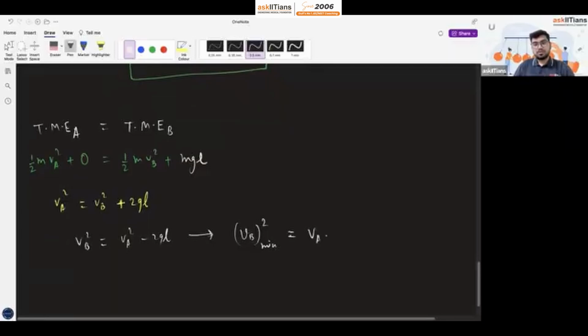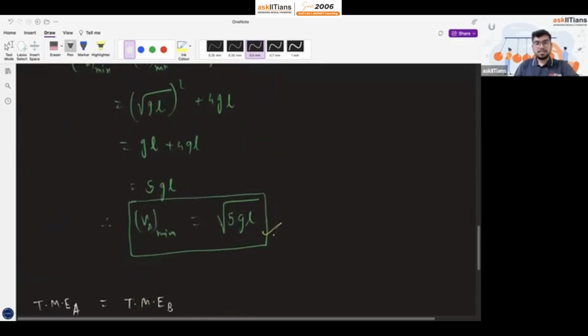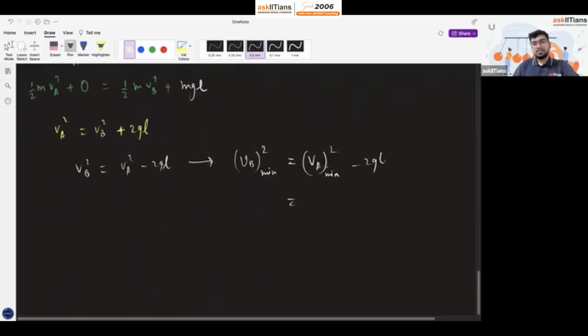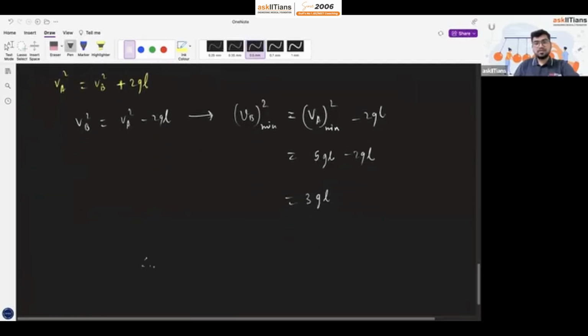So we'll use the minimum value of VA here, minus 2gL. We already found VA as root 5gL, so its square gives 5gL minus 2gL, which gives 3gL. Therefore, VB minimum is going to be under root 3gL.